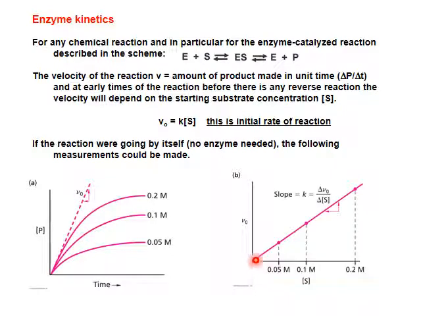Then you will get a straight line, and you can get K from it, because you're basically plotting V0 versus S, and so your slope is K, right? So this linear expression is plotted in B, all right? So this is the non-enzyme catalyzed reaction. This is just converting S to P.